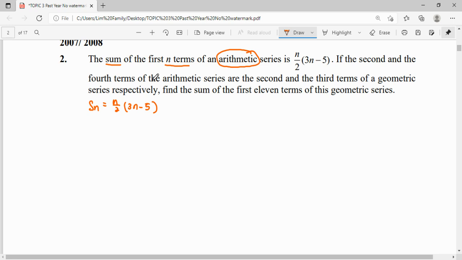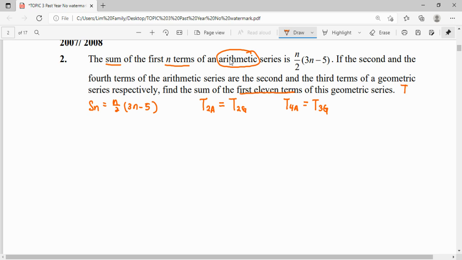So they say the second term and the fourth term of an arithmetic series, so I put an A here, is equal to the second term and the third term of the geometric series respectively. So find the sum of the first 11 terms.